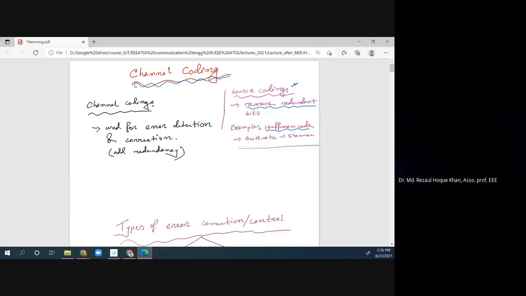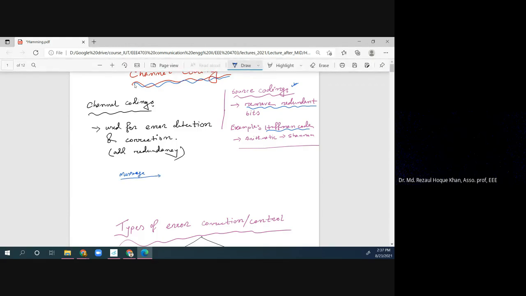Now, what do we do in channel coding? The reason for channel coding is that we are assuming that our channel is noisy. For example, you have a message signal, say an audio or analog signal, and it is converted to pure digital, ones and zeros, a stream of digital signal.